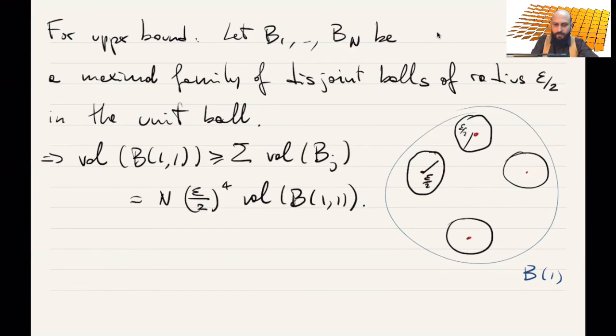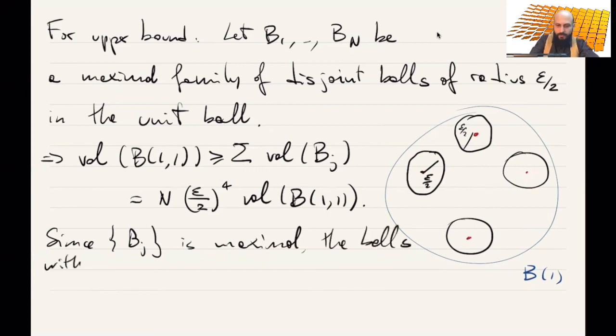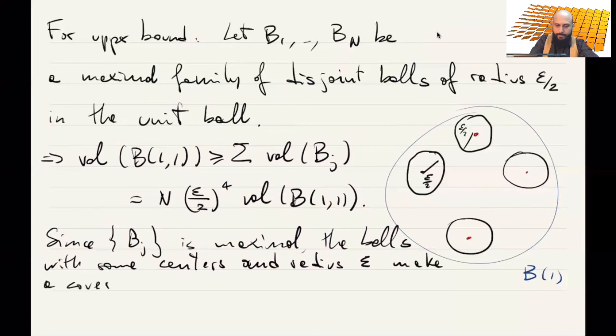Good. And now, since B_j is maximal, the balls with the same centers and radius epsilon make up a cover of the unit ball.